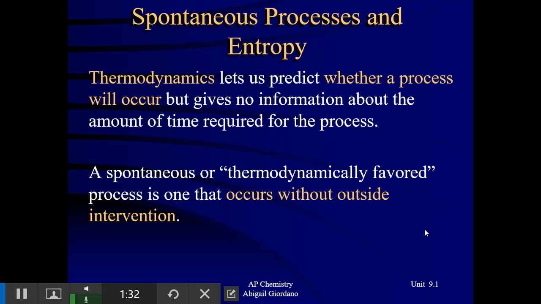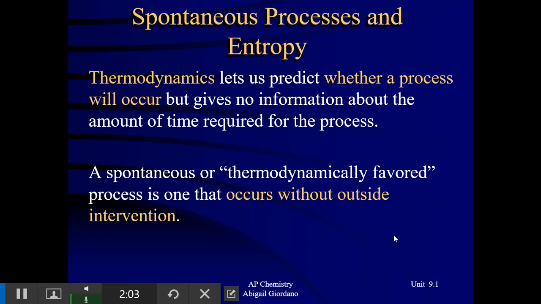Instead of using the term spontaneous, the AP exam prefers that we use a very wordy term, thermodynamically favored. Meaning, is this a chemical reaction that will occur without any outside intervention? Is it one that you put the reactants together and they just go on their own? They go and they produce products without any help from you or anything else.